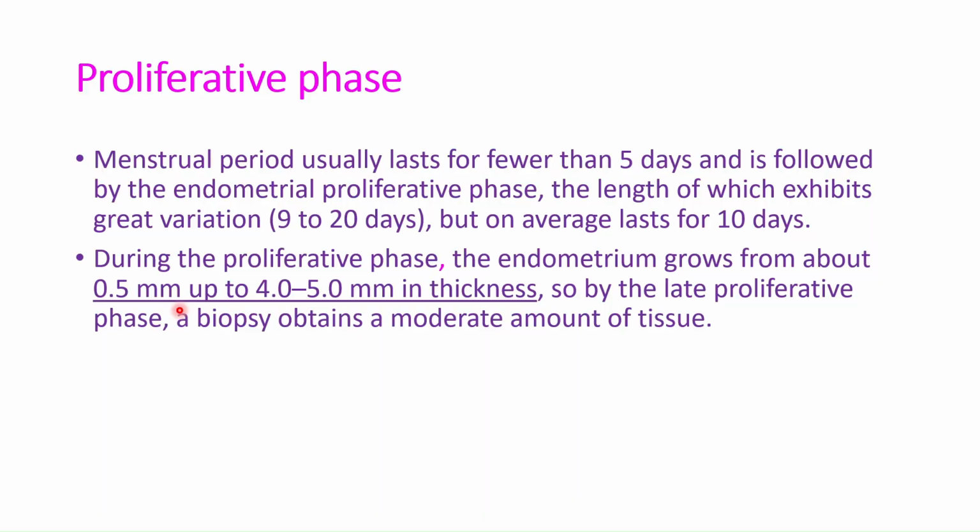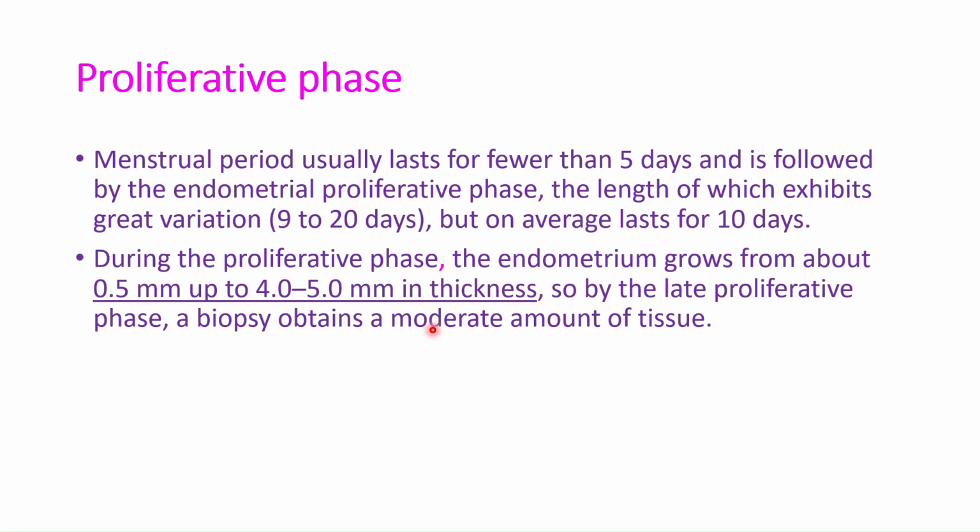So, proliferative phase is having different duration in different person, even in same person at different time period. So, there is a great variation, and it is 9 to 20 days phase and average lasts for 10 days.